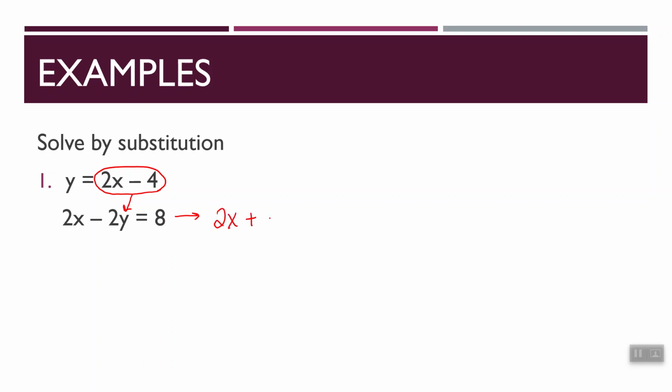2x minus 2 times the quantity of 2x minus 4. Notice I'm plugging that in for y. And it equals 8. Now we need to solve this equation. Distributing the negative 2 through the parentheses gives me 4x plus 8.